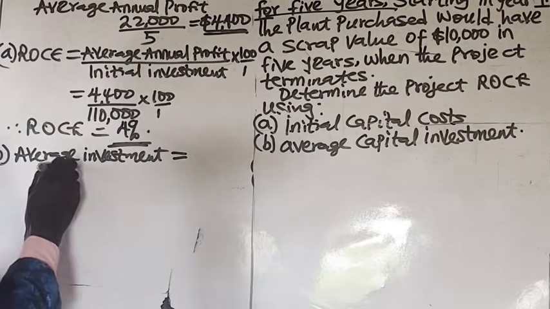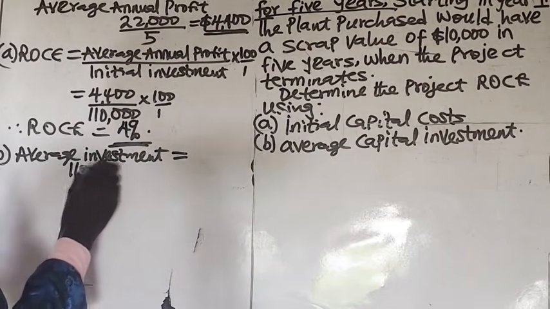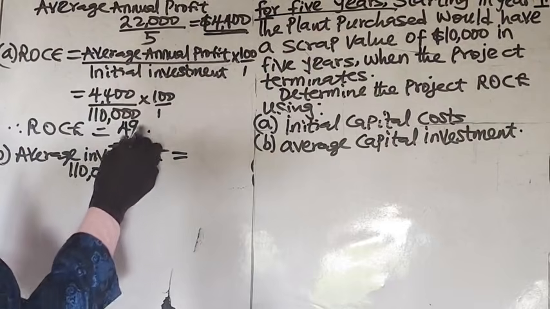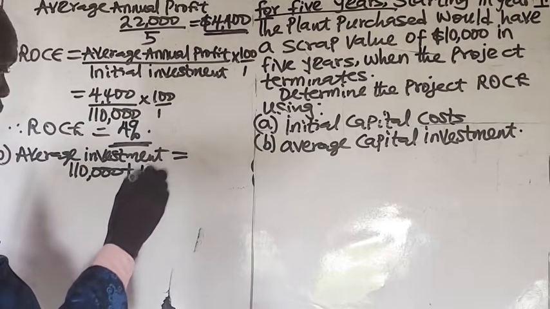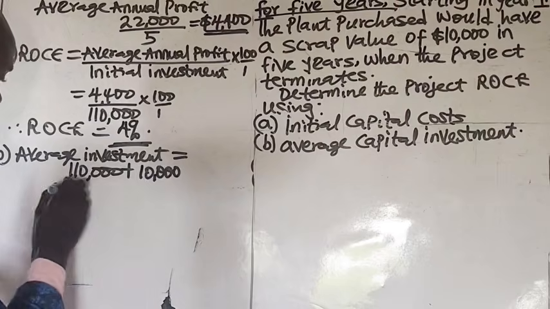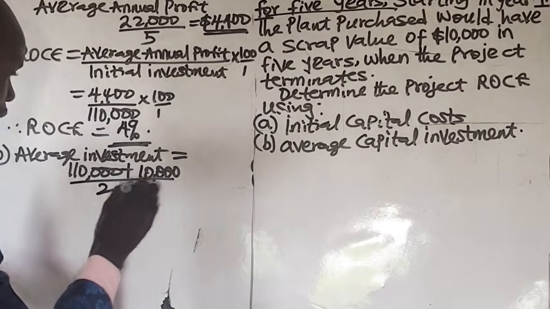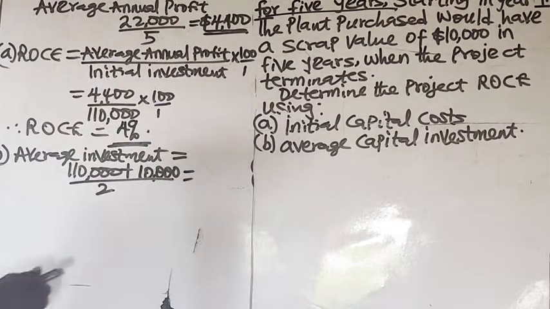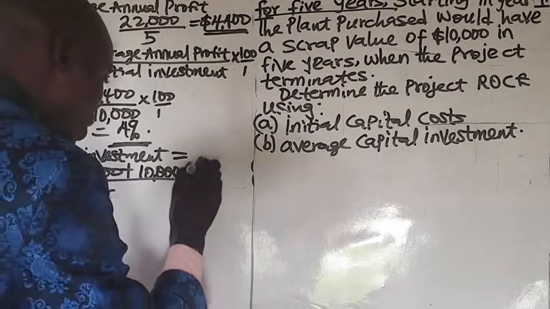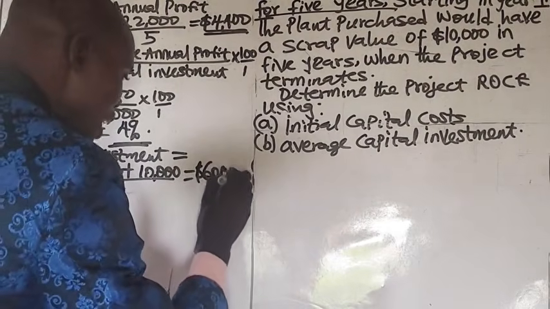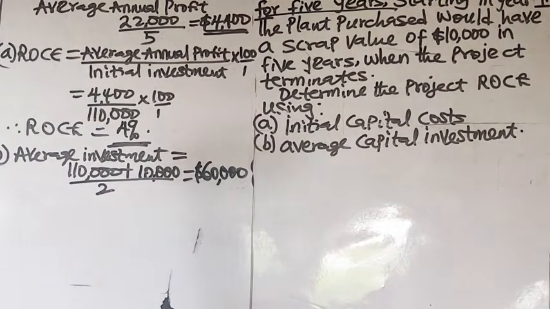The initial investment amounted to 110,000 plus the scrap value, which is 10,000 as given in the question, divided by 2. So 110,000 plus 10,000 is 120,000. 120,000 divided by 2 gives us 60,000. So the average investment will be 60,000.